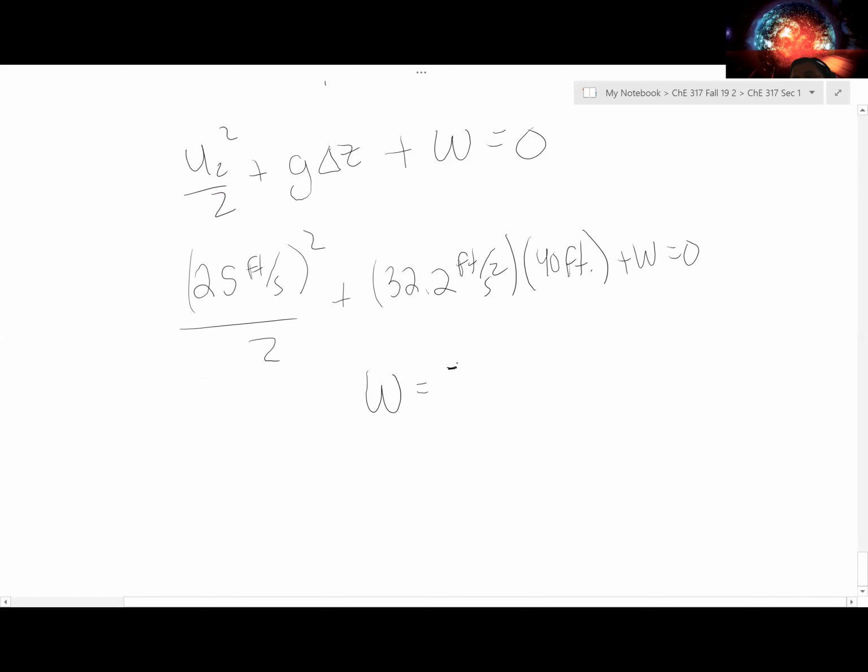So I have 25 squared divided by 2 plus 32.2 times 40, which gives me a work term of 1,600.5 feet squared per second squared, or 1,600 feet squared per second squared. And it's going to be negative because it's done on the system.